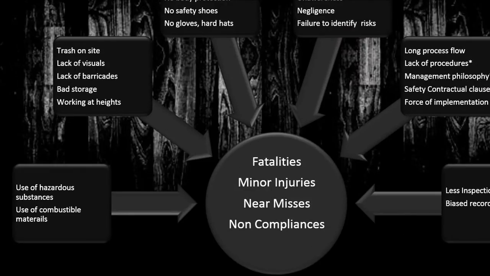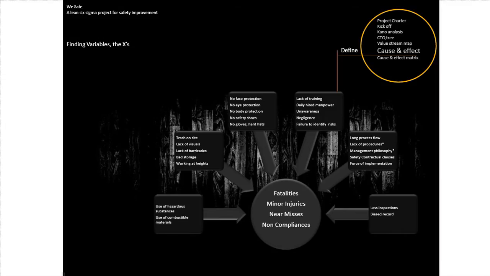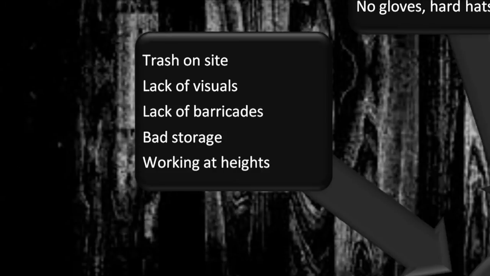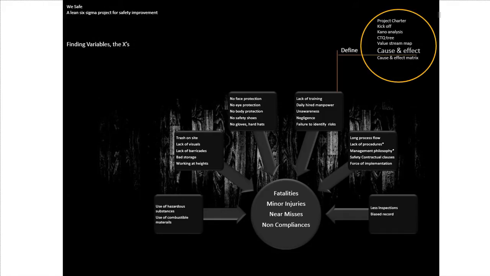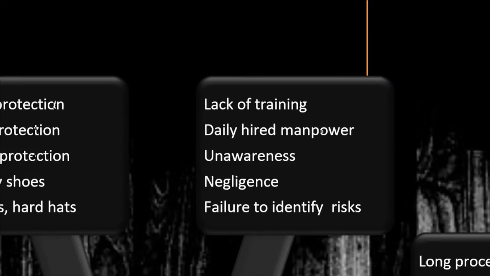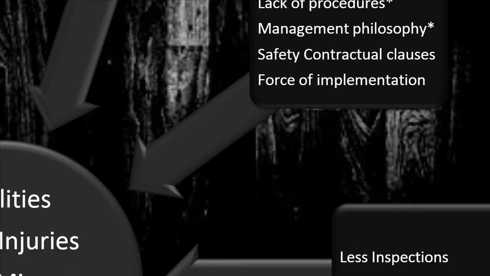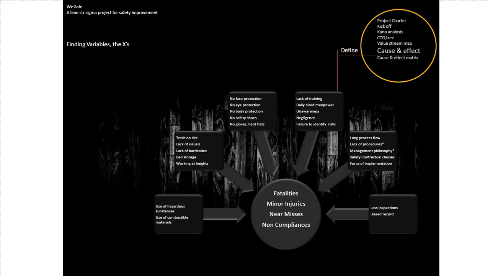The following types of common causes are derived upon brainstorming post the site observations. Use of hazardous substances, use of combustible materials, trash on sites, things like missing personal protective equipment, lack of training, long process flow, and fewer inspections form these groups.